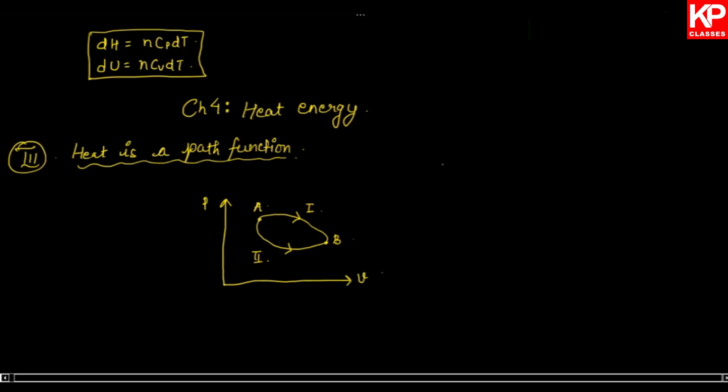So you can directly write that delta U from A to B will be nothing but UB minus UA, the final internal energy minus the initial internal energy. Using this, you can directly put this equation in the form of the first law of thermodynamics.